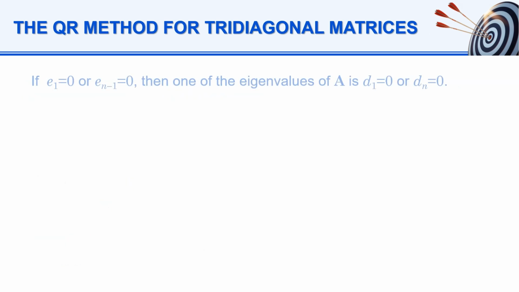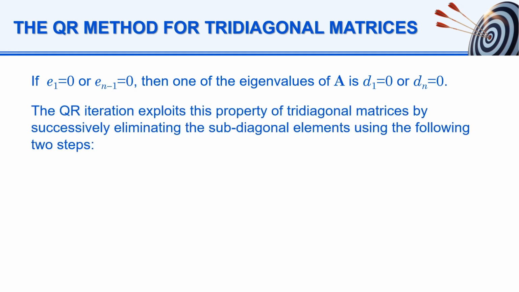If E1 equals 0 or E_{n-1} is equal to 0, then one of the eigenvalues of matrix A is D1 equals 0 or Dn equals 0. The QR iteration exploits this property of tridiagonal matrices by successively eliminating the subdiagonal elements using the following two steps.